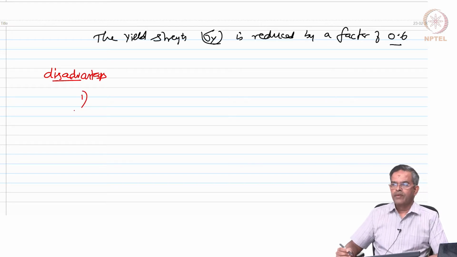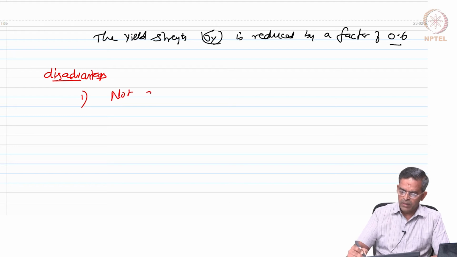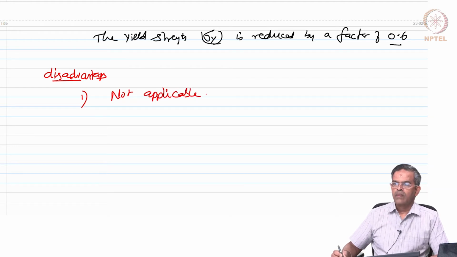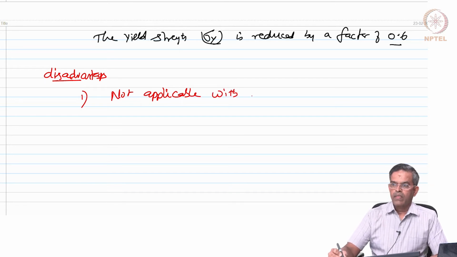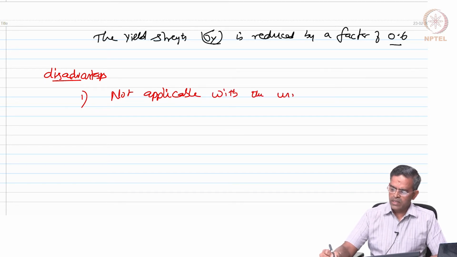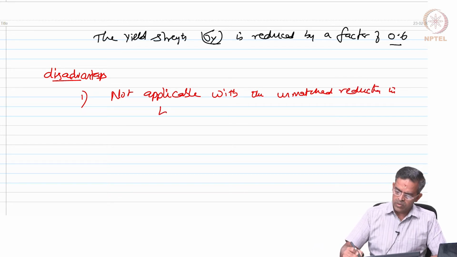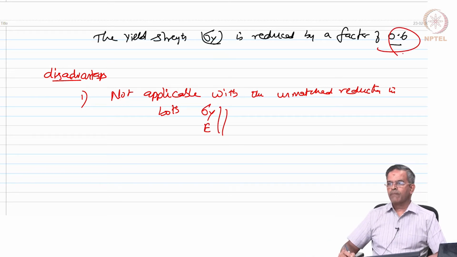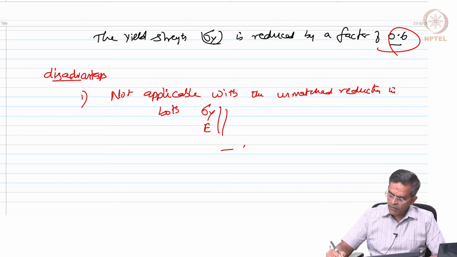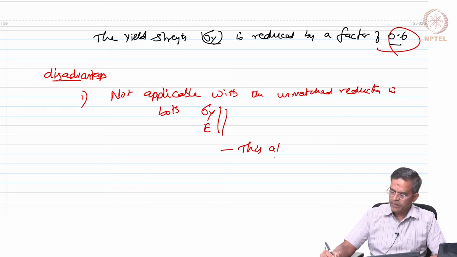One, it is not applicable with the unmatched reduction in both sigma y and E, because you have a constant number. Okay? So, this affects the design criteria.